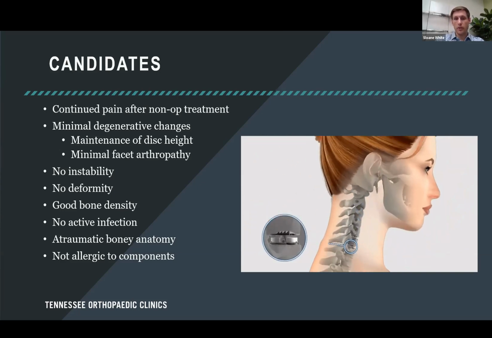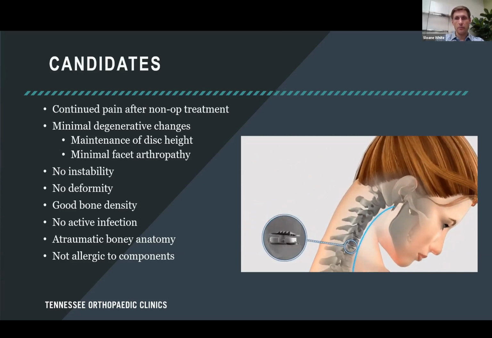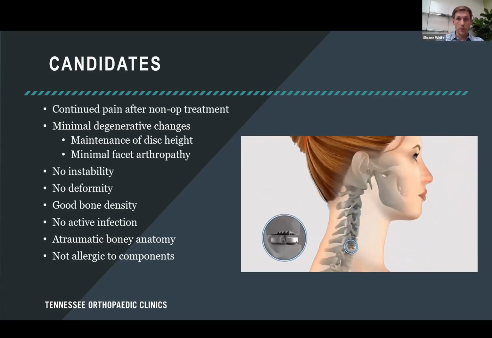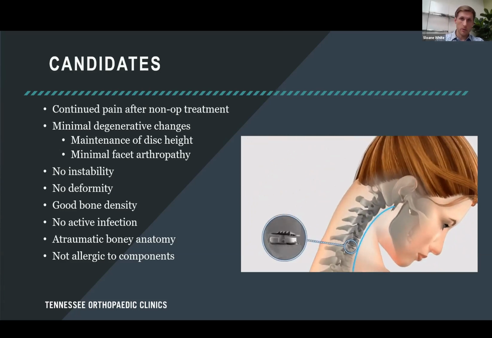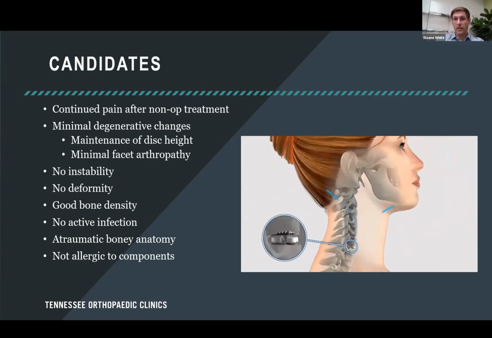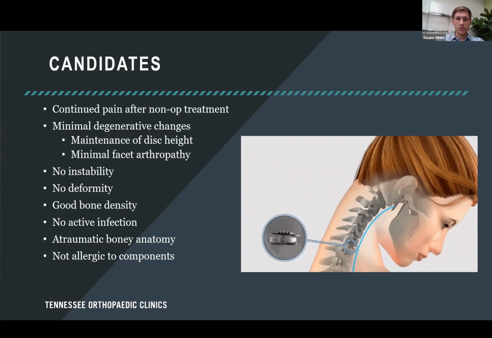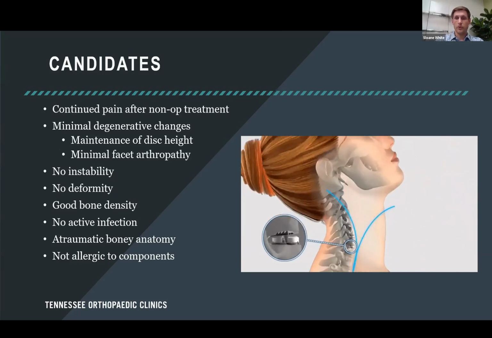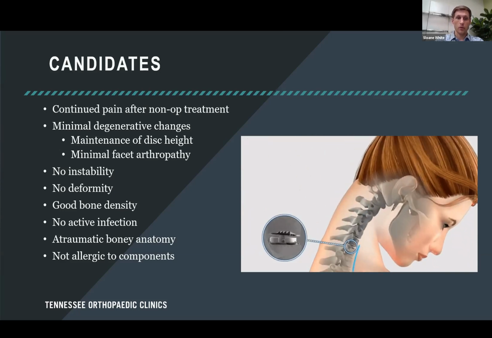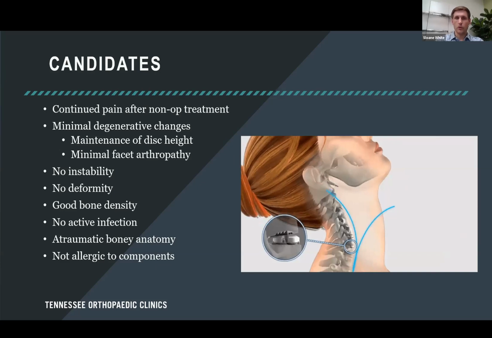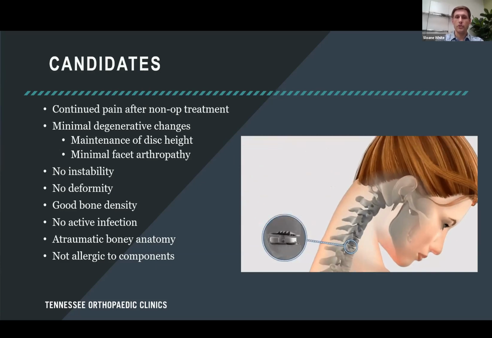The way the implant works is it has teeth that bite into the bone, so if the bone is weak, the implant could subside into the vertebral bone or it could pull out, which we don't want. Finally, no active infection. If there's any type of infectious process going on in the area, we don't want to put any foreign material in there, which can breed the infection and make it worse. Also, and finally, no allergy to any of the components used in the implant.